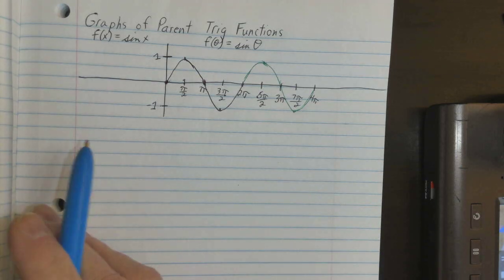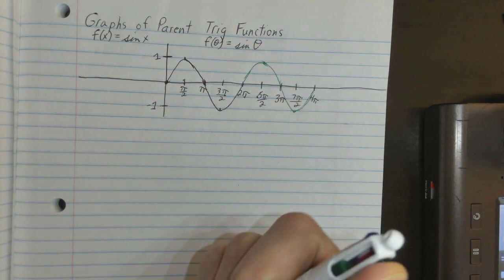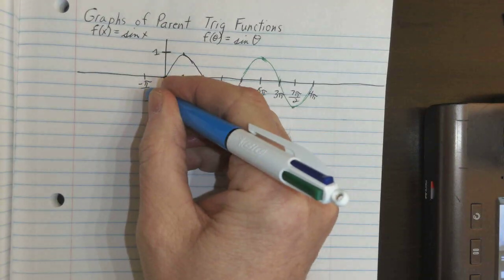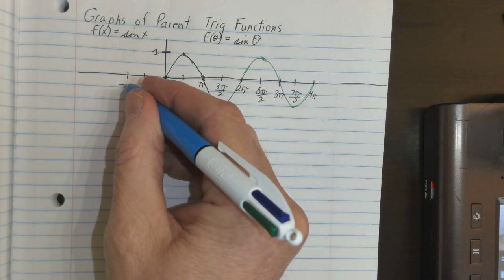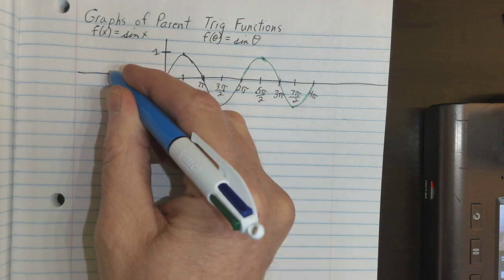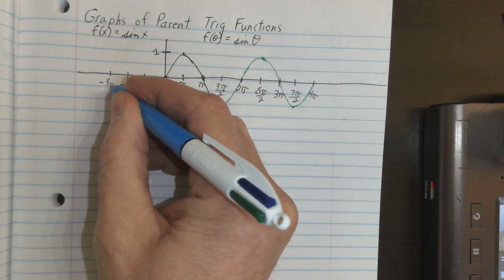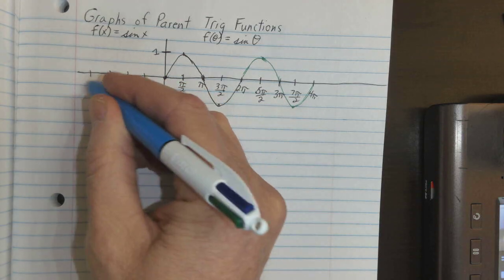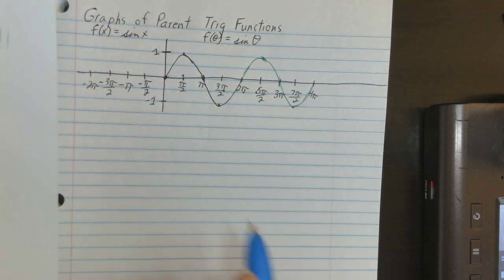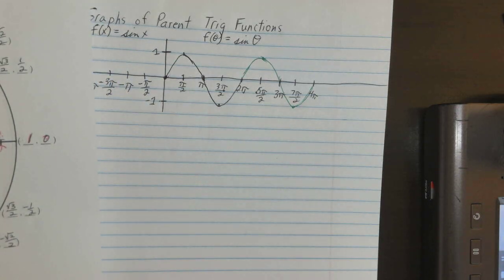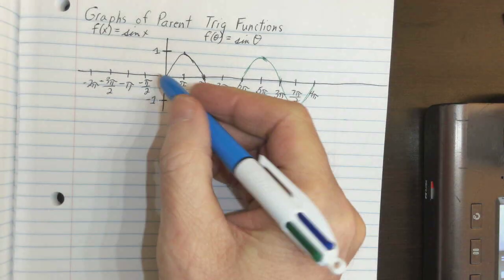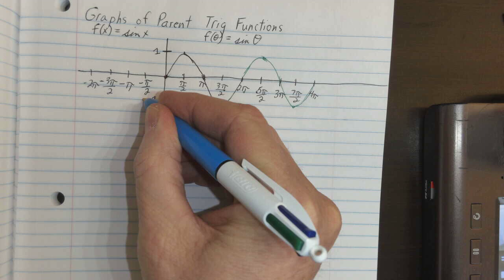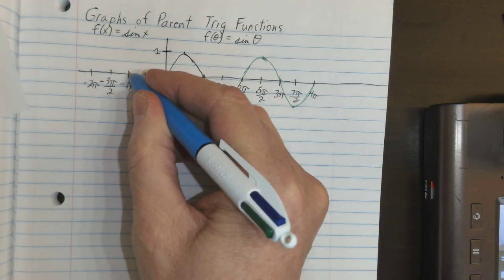And then if I went in the negative direction, so if I were to go negative pi over 2, negative pi, negative 3 pi over 2, and negative 2 pi. Okay, at negative pi over 2, we are at negative 1. So I'd have that point. At negative pi, we're back at 0.